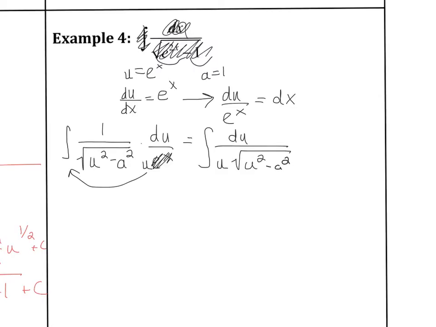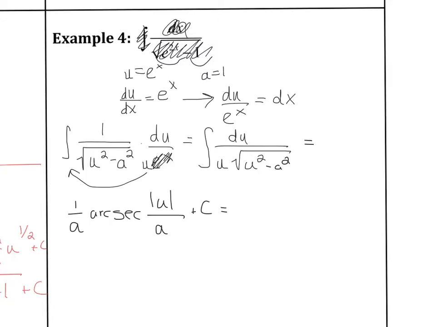Oh, look at that. That's an arcsecant, right? So it didn't initially look like it, but when we just began the process, the math kind of worked it out for us. So don't be afraid to just get started. We know that that's going to go to 1 over a arcsecant absolute value of u over a plus c.